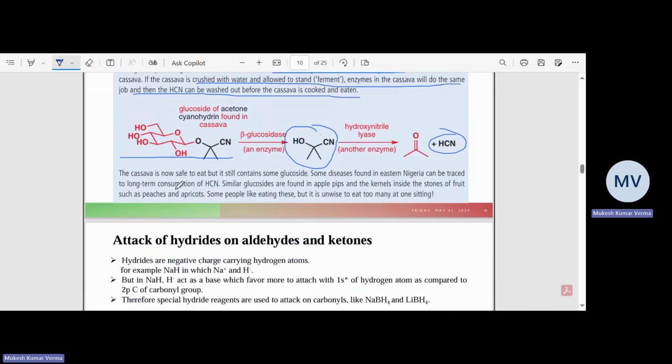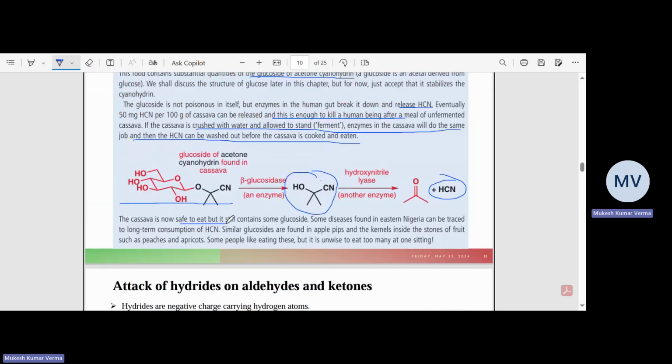Cassava is then safe to eat, but it still contains some glycosides. Some diseases found in eastern Nigeria are due to excess HCN. Such compounds are also present in apple pips and in fruits such as peach and apricot stones.